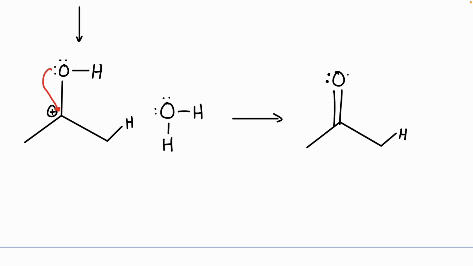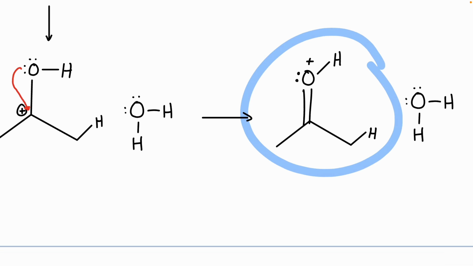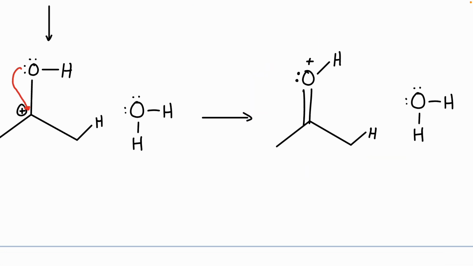Okay, it's still got one lone pair and a hydrogen on there. So what's the formal charge going to be? Positive. All right, is there anything wrong with this intermediate here? No, I mean, that's perfectly fine under acidic conditions. I can have a protonated oxygen. There's no negative charge there.